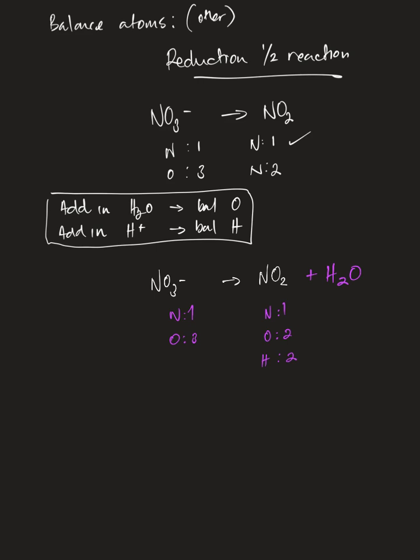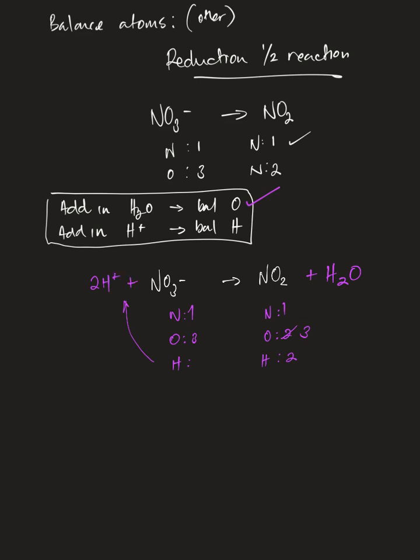Yes, 3. So I sorted that out. Now I've got to add in the hydrogens. We've done this before. On the other side, I've got to put in H plus ions. Now it must be balanced, so I've got to put in 2 H plus.